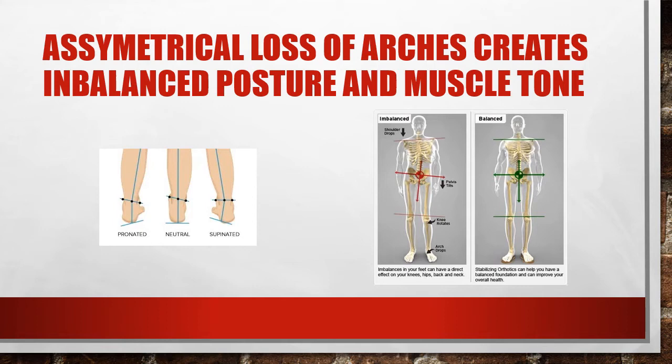So the thing is, if you have an asymmetrical loss of your arches, it definitely creates an imbalanced posture. The imbalanced posture is also creating an abnormal muscle tone, or together they're forming an abnormal muscle tone and posture defect. If you look at the bottom left picture, it shows you what pronation looks like.